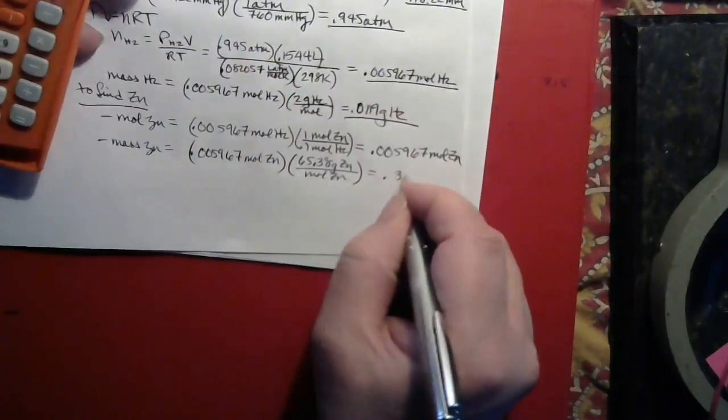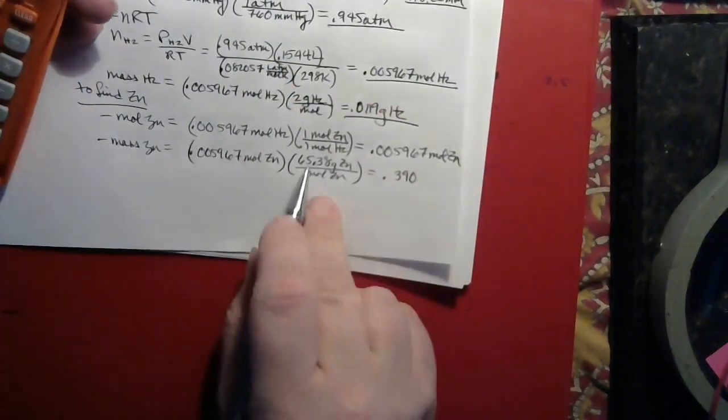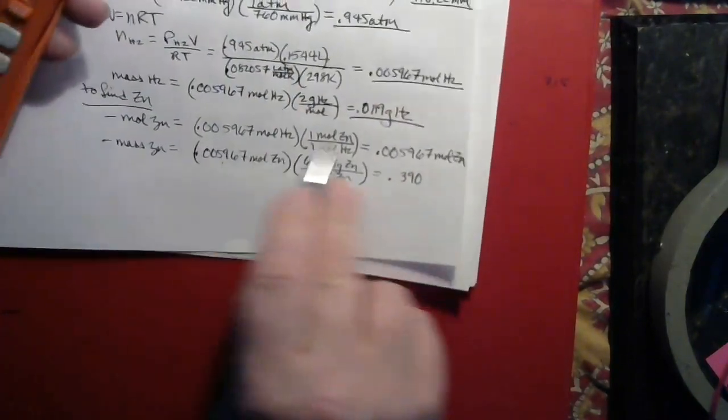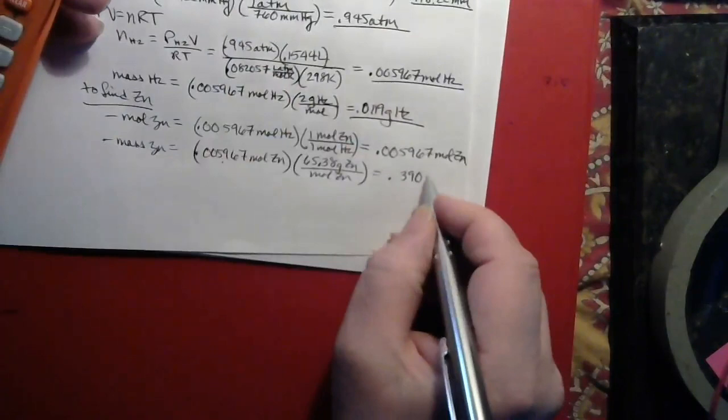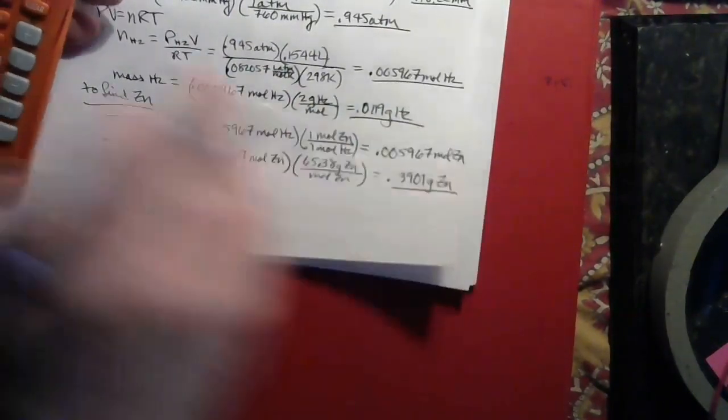And that means 0.390. Let's look at significant figures here. Got 4, we got 4. Yeah, let's go with 4. 0.3901 grams of zinc were used.